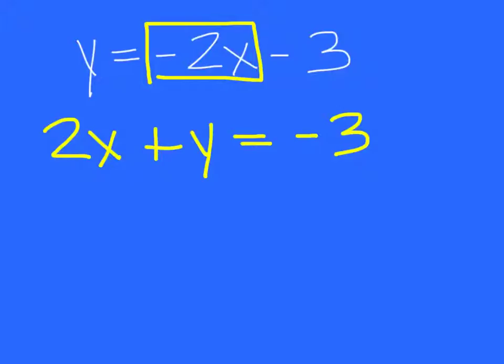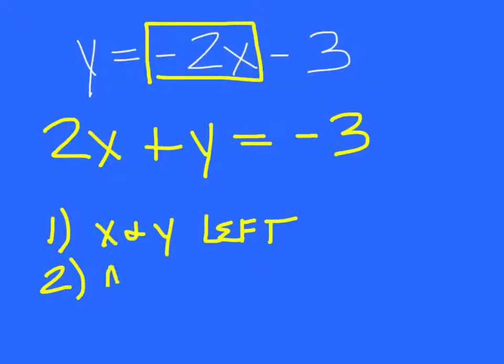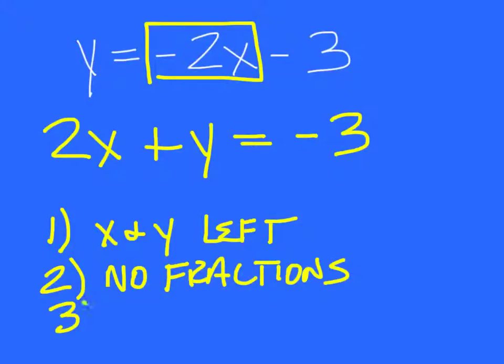Now, if you have the following conditions met, then you're finished. 1, you have x and y on the left. 2, you have no fractions. And 3, the x term is not negative.